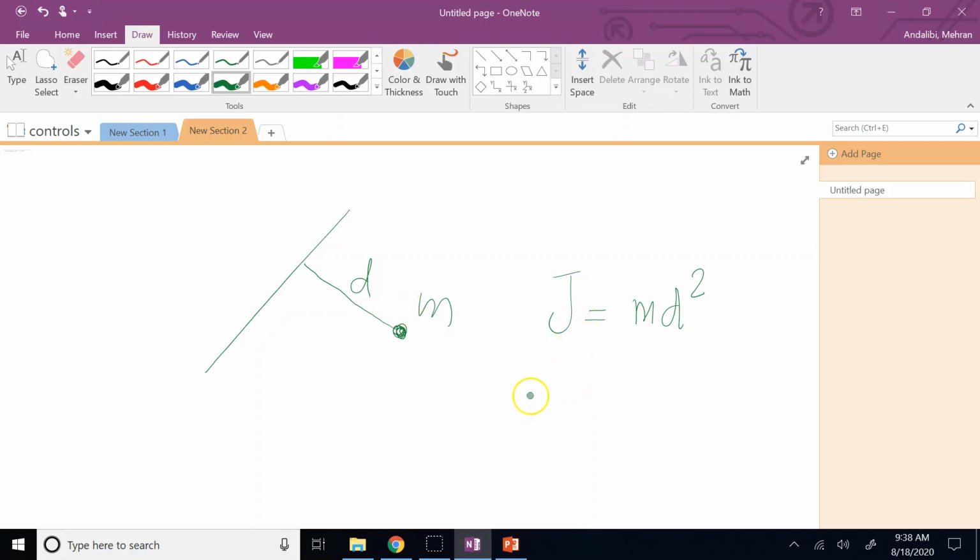And you know, torque that is applied to an axis is equal to what? J times theta double dot, or alpha, right? So if d goes up, what does it mean? It means J goes up, right? T went up because you inserted more fuel into the system, right?